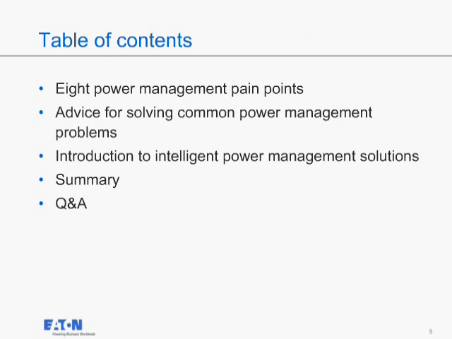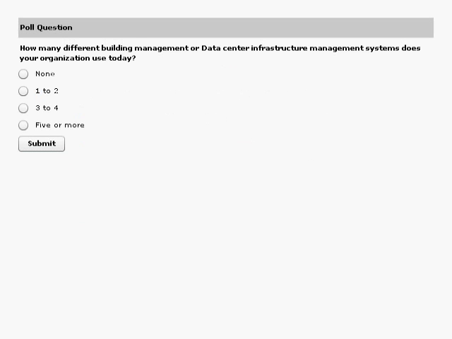But before we get started here, we have our first poll question, and Jenny, if you'd like to guide the audience through the poll, that'd probably be a good thing. Okay. Well, the first poll question today is, how many different building management or data center infrastructure management systems does your organization use today? And your choices are none, 1 to 2, 3 to 4, or 5 or more.